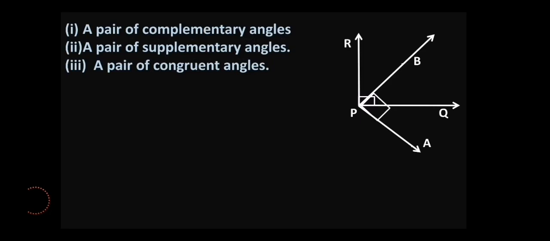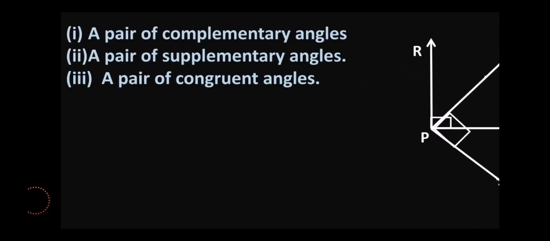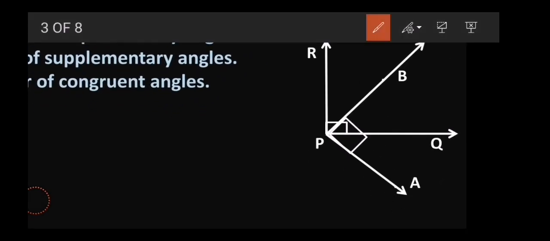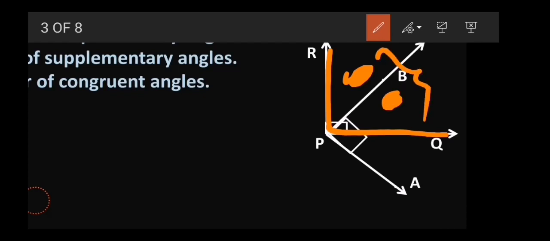So if you observe the diagram, there are two angles which are 90-degree, correct? The first angle is angle RPQ, which is 90-degree, right? And it has two parts, one over here, one over here. If I add these two parts, the sum will be 90-degree.